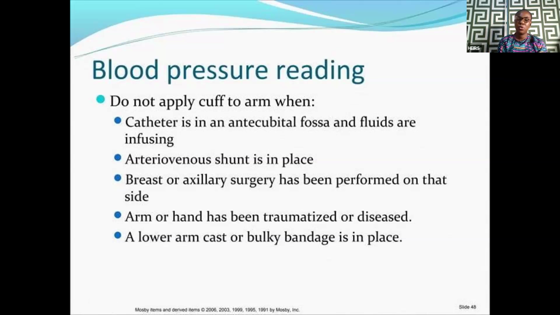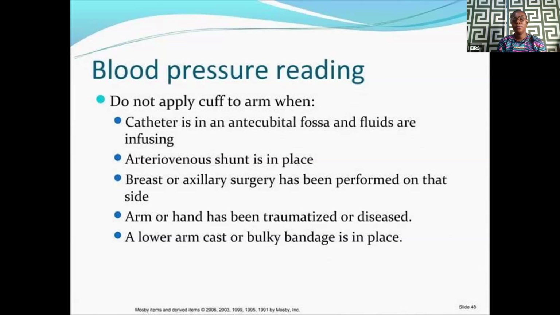There are some persons, maybe a patient who has chronic kidney failure and is on dialysis. Many of them will have arteriovenous shunts in one of those spaces. So that particular hand is not the hand for blood pressure reading. It has to be the second one. Supposing you get to care for a patient in the hospital who had a surgery, maybe on the breast or in the armpit, the affected side that was operated on cannot be used for blood pressure reading.